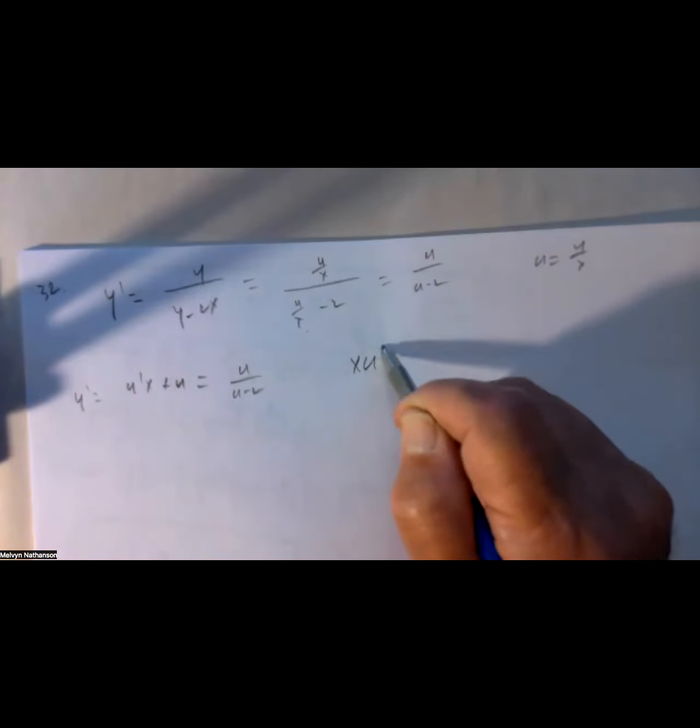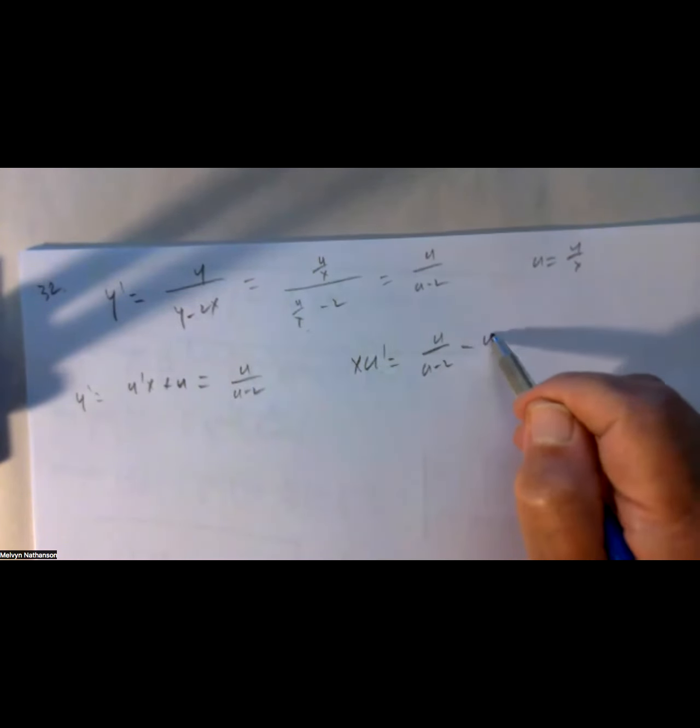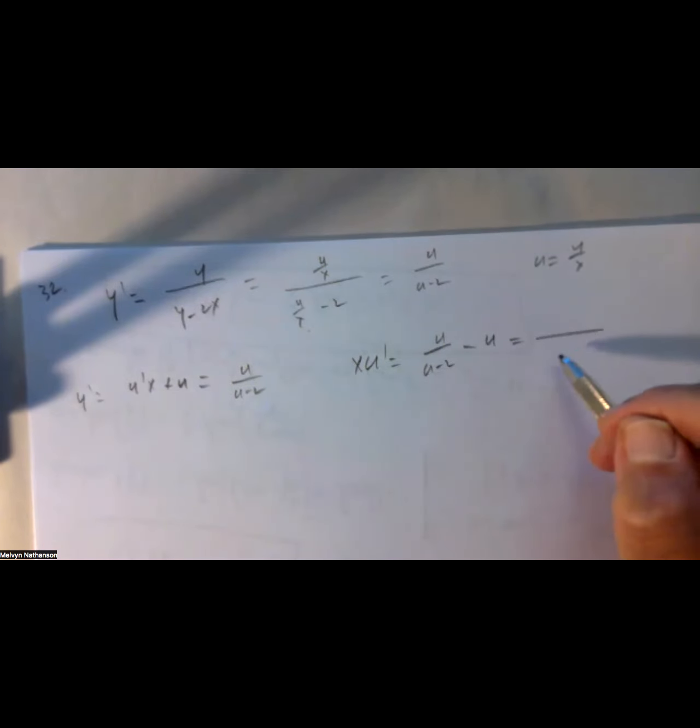So x u prime is u over u minus 2 minus u. If I put this over a common denominator of u minus 2, I get u minus u times u minus 2, which is u minus u squared over u minus 2.